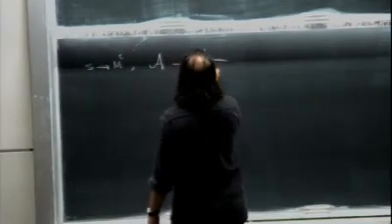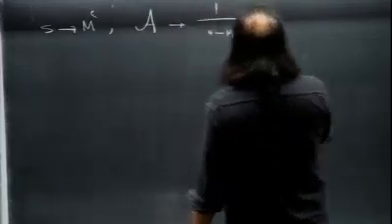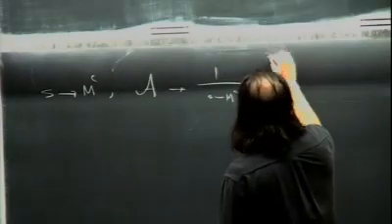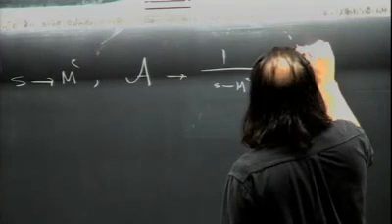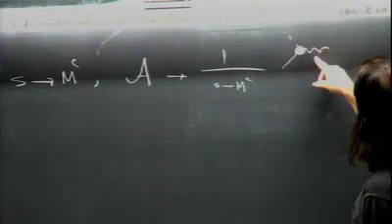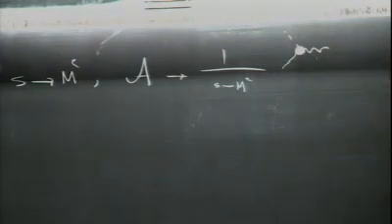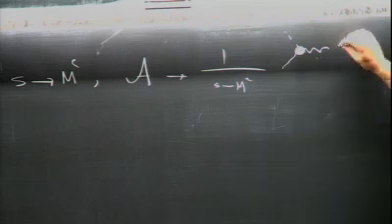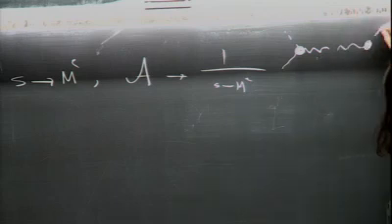Near the residue, as s goes to m squared, the amplitude has got to go like 1 over s minus m squared, but then you have to be able to interpret the numerator as the amplitude for these scalars producing some intermediate resonance, and the resonance going and decaying on the other side.